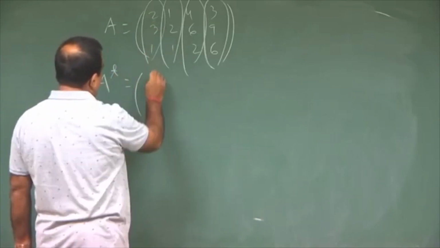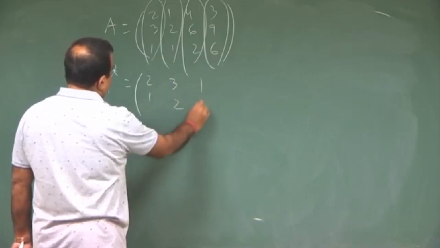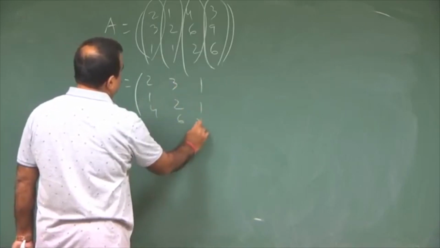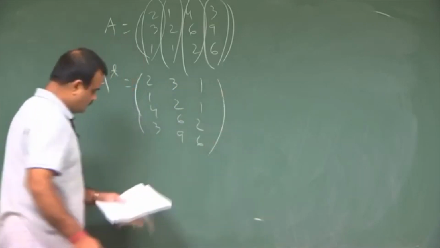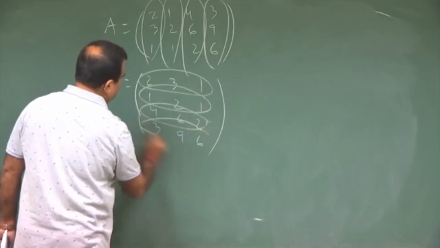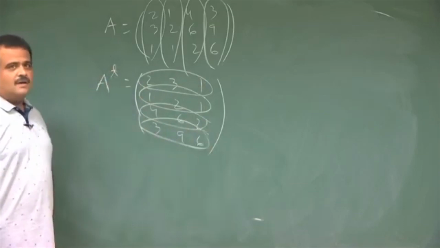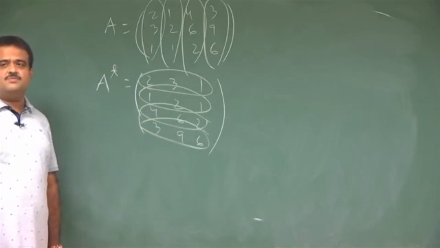If you take the transpose, this becomes 1 2 3, 4 6 2, then 3 9 6, and now these are the columns, I mean the transpose of the columns. So, the linear combination of these vectors forms the column space.